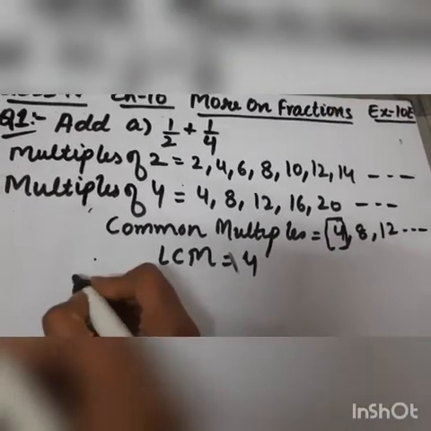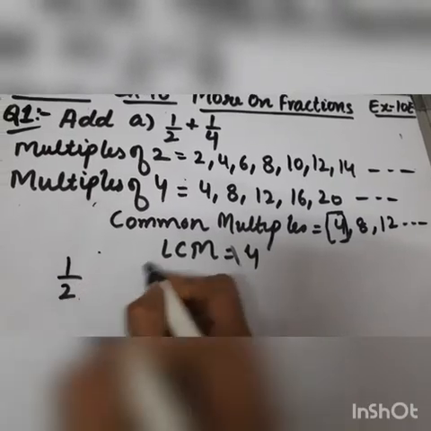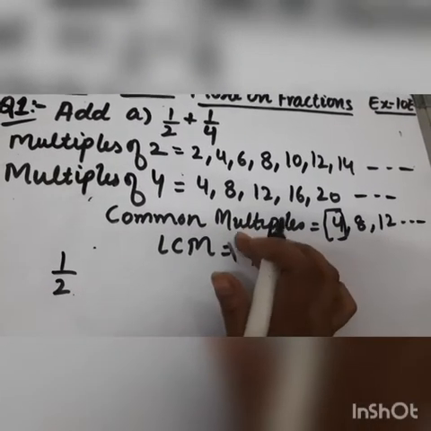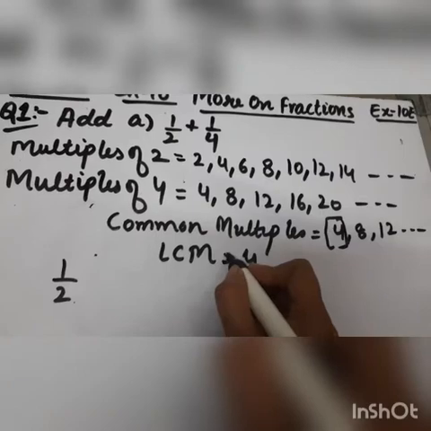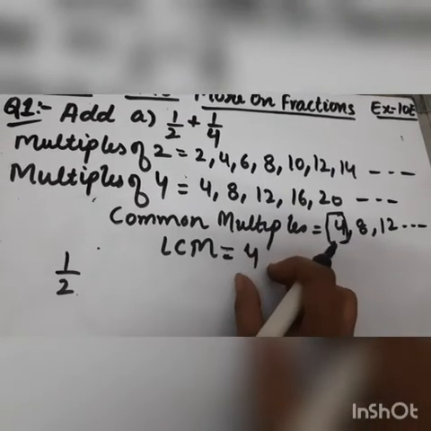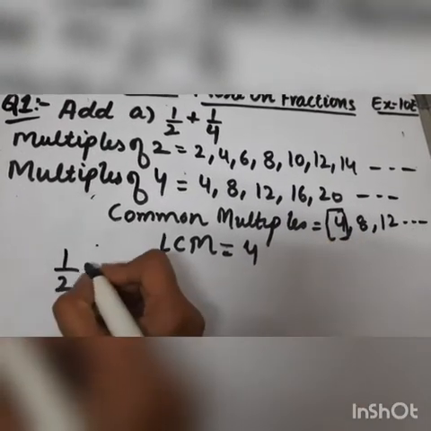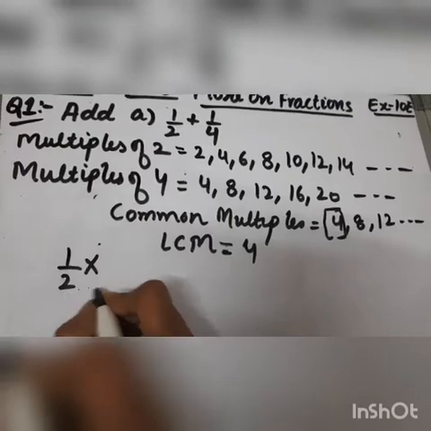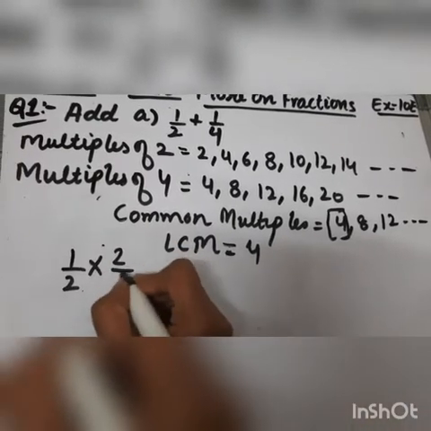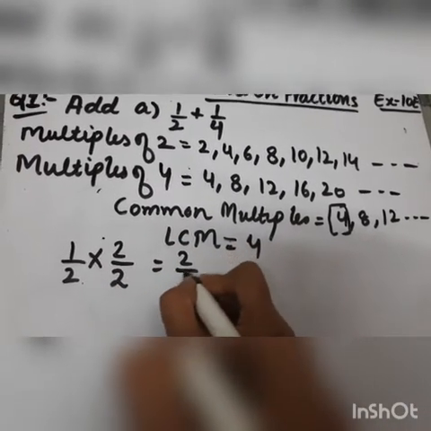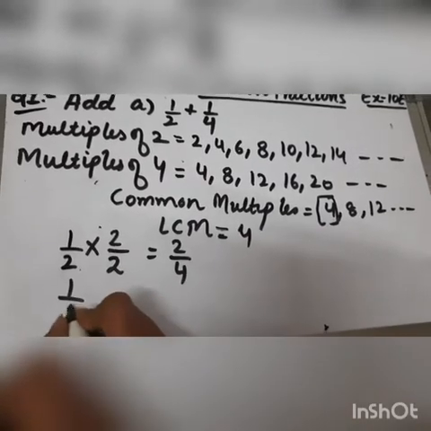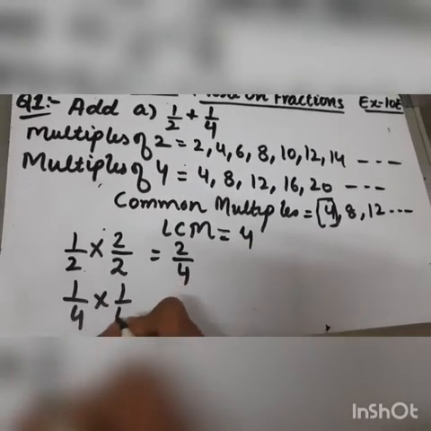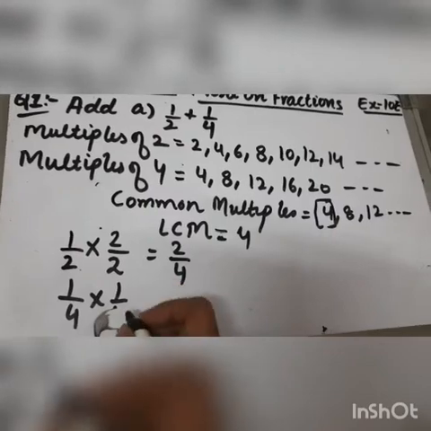Now what we will do, we will make the denominator of both the fractions equal to the least common multiple. So by which number should I multiply 2 to get 4? If I multiply 2 by 2, I will get 4. And the denominator of this fraction is already 4. So we will multiply it by 1.